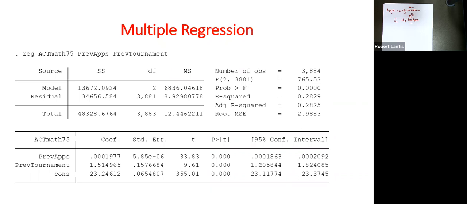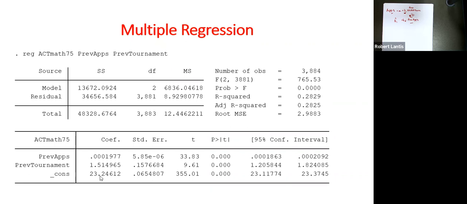Or try to accept what I think are going to be higher quality or higher performing students. So some data that exists out there for these universities is their 75th percentile math and English scores on the ACT. So I just use those as my dependent variables and said, okay, does making the tournament the previous year have a positive impact on this quality measure of my incoming freshman class?